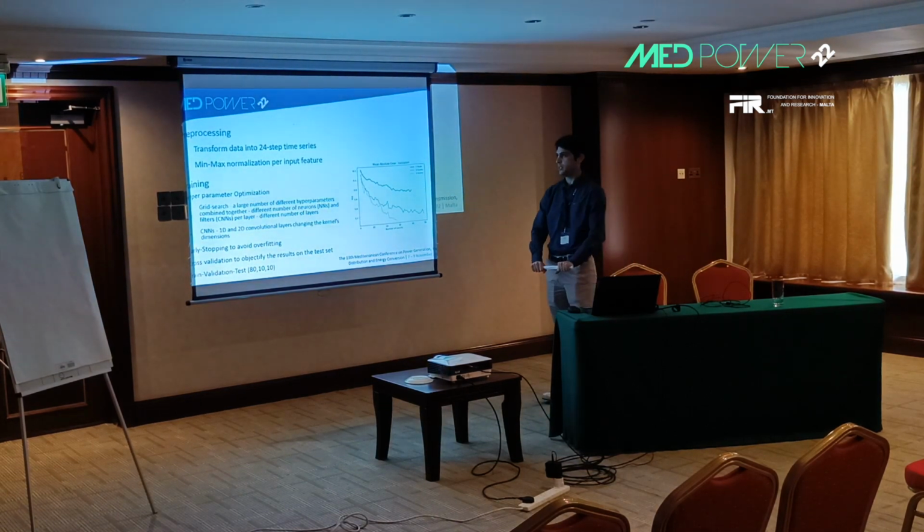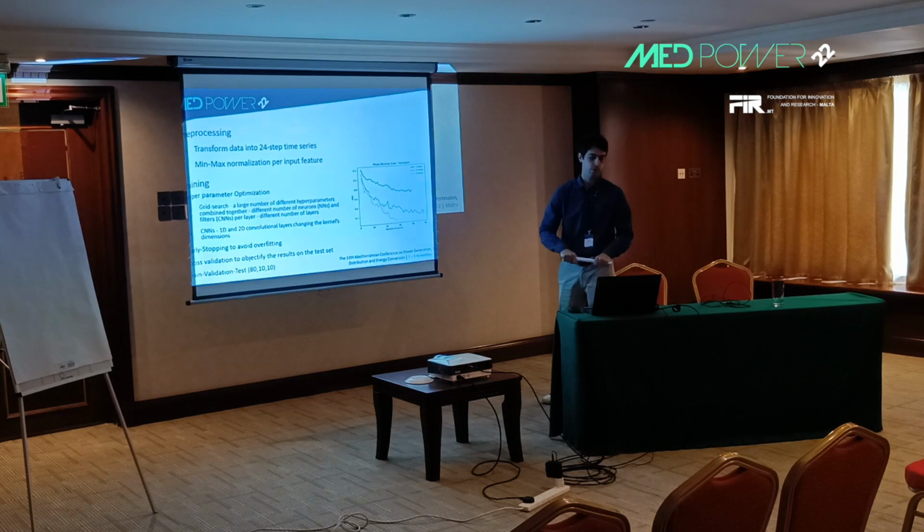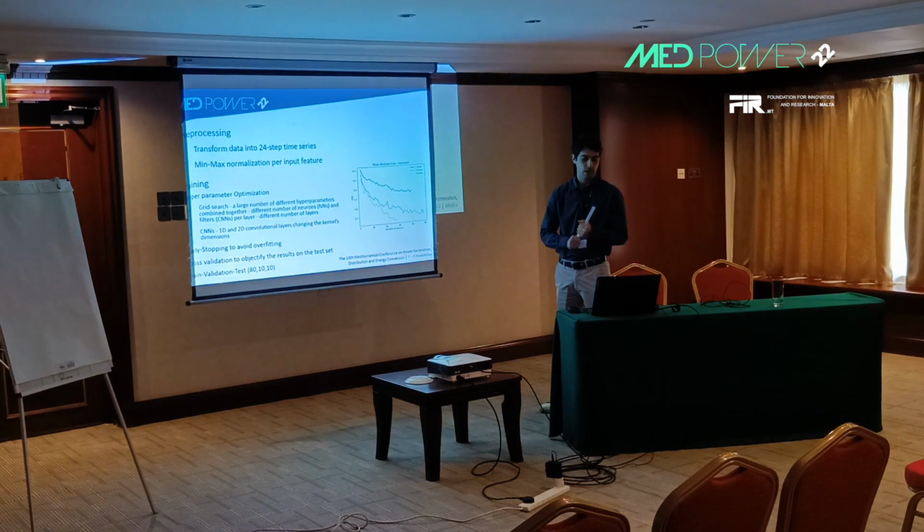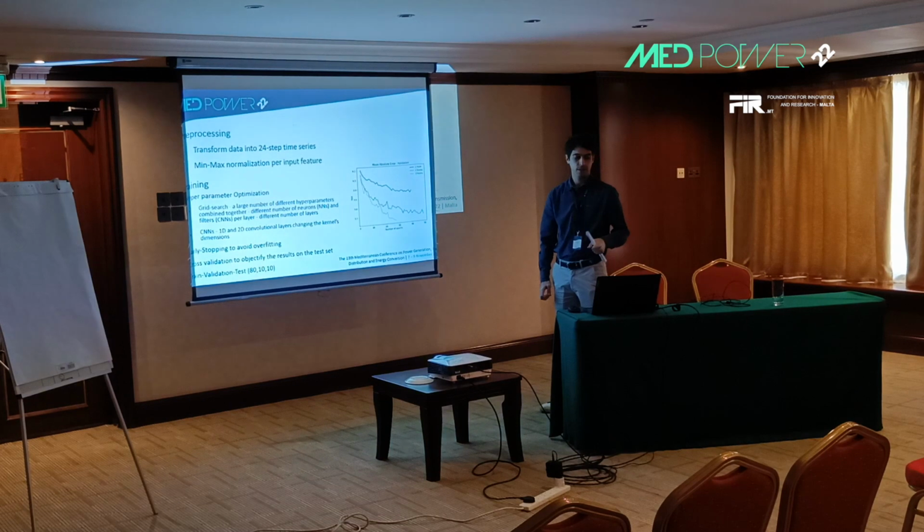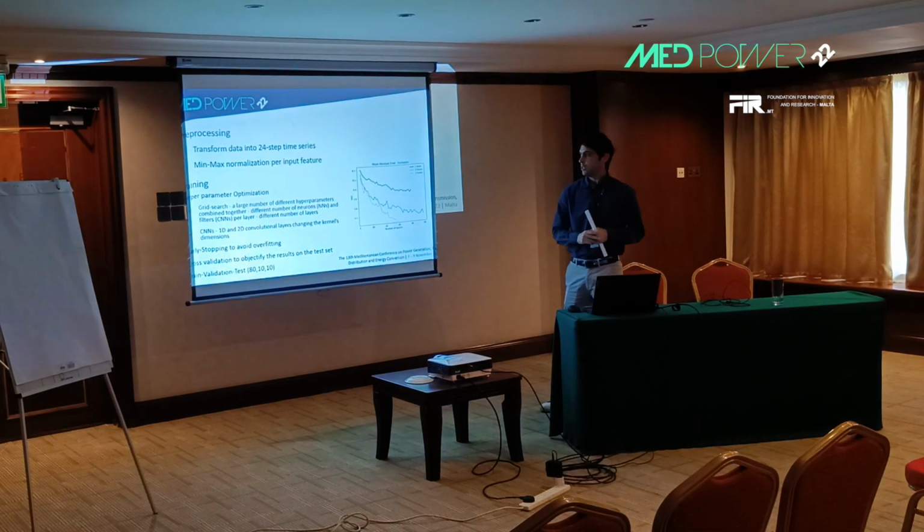The input data that were presented in the previous slide were pre-processed before we used them in the machine learning algorithms. This data was transformed into 24 time-step series, and then a min-max normalization per input feature was performed.